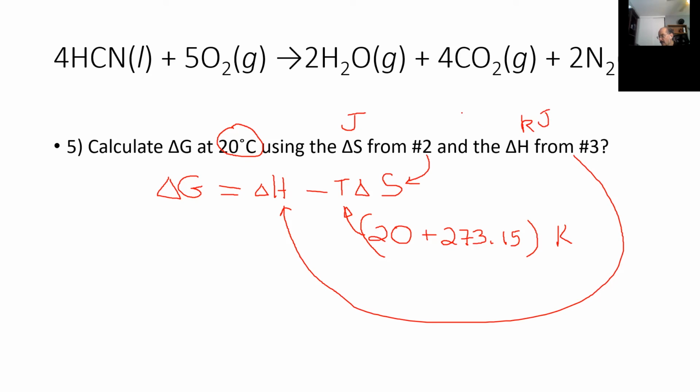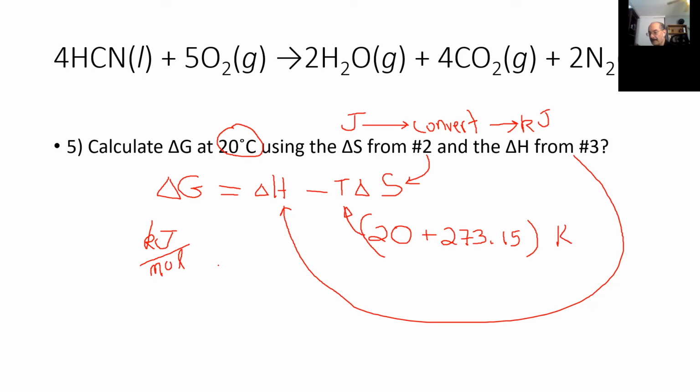So don't forget to convert the units, all to kilojoules, which is the preferred way for delta G. So we want to convert the entropy change into kilojoules. You can perform this operation here, and the temperatures will cancel out, but you'll still end up in units of kilojoules per mole. In an exam or quiz, I would probably tell you what units we want to show in here. So this will be kilojoules per mole.